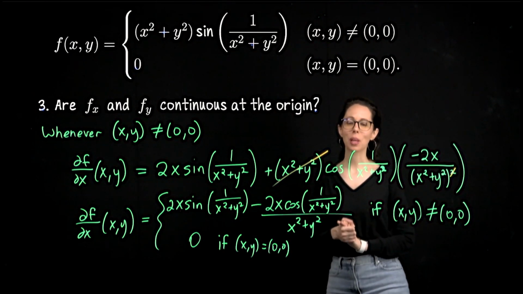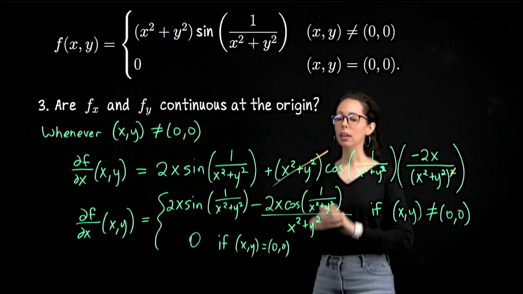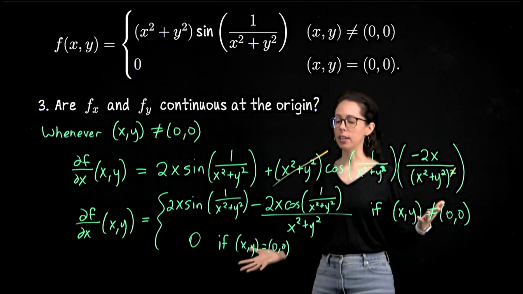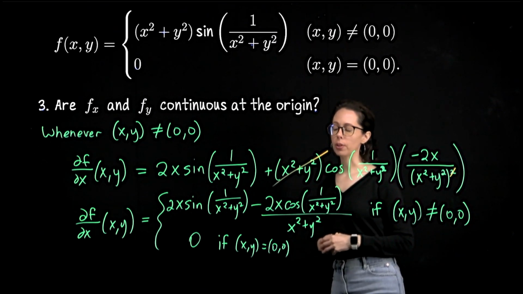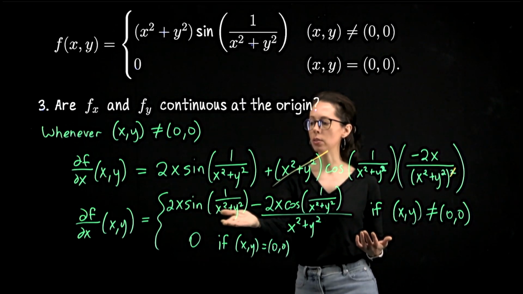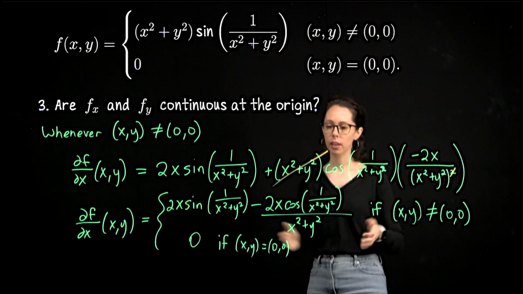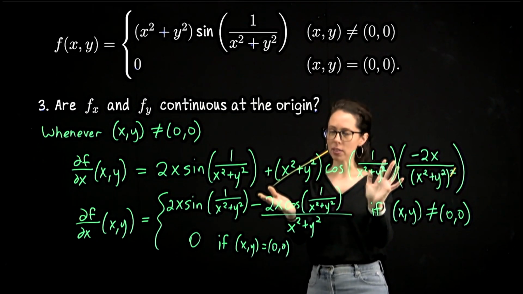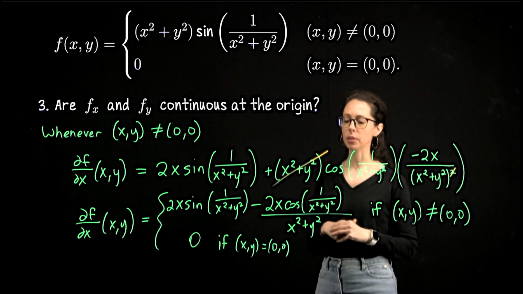The answer is no. Let me explain why out loud, and hopefully it matches what you just did on your own paper. The reason why this function is not continuous at the origin is mainly this piece. As x and y both go to 0, this first piece goes to 0, again by the squeeze theorem. So we have sine, which is bounded, and then 2x is going to 0. So this goes to 0. That looks good. But here, cosine is bounded. That seems okay, but it's this division by x squared plus y squared, which is problematic in this computation.